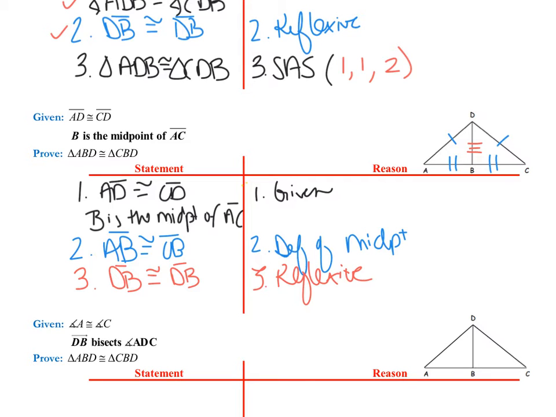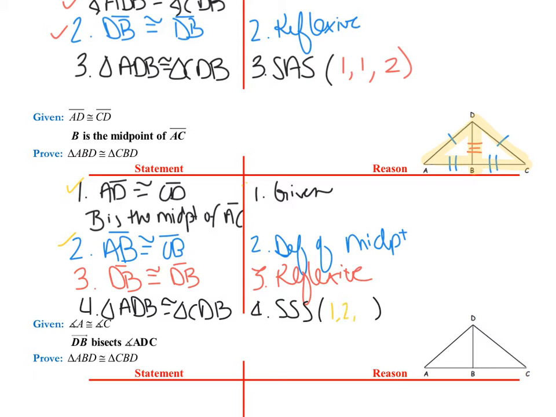So now if I trace this out, I have a side, side, side. So this is congruent. So triangle ADB is congruent to triangle CDB by SSS. Now let's go through our steps to make sure that we have everything. So we used something from step 1, we used step 2, and we used step 3 to prove my triangles congruent.